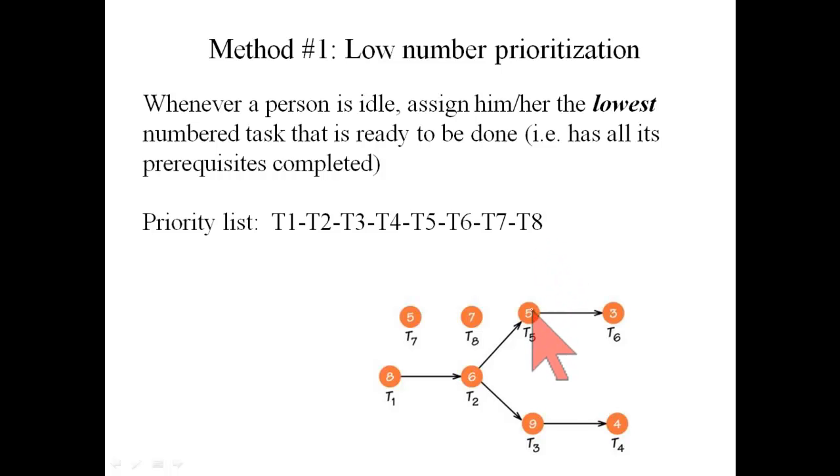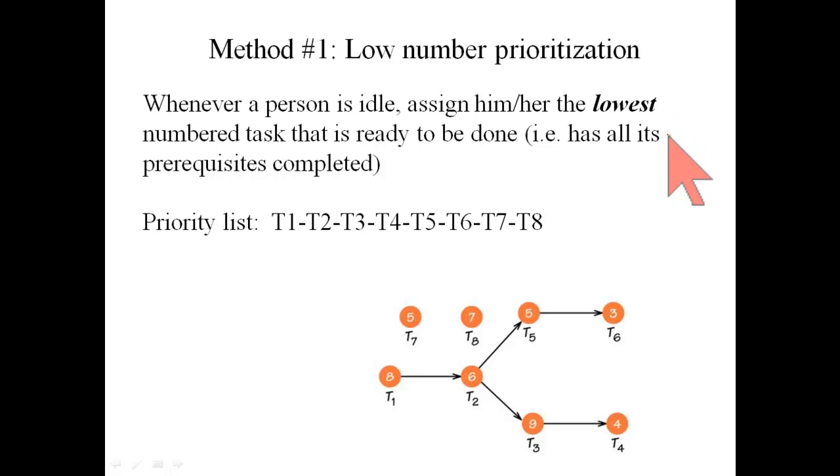Not job completion time, but simply the number of the task itself. So we'll say I have a priority list T1, 2, 3, up to T8. And low number prioritization says assign a person who needs a task to do the lowest number task that is ready to be done.